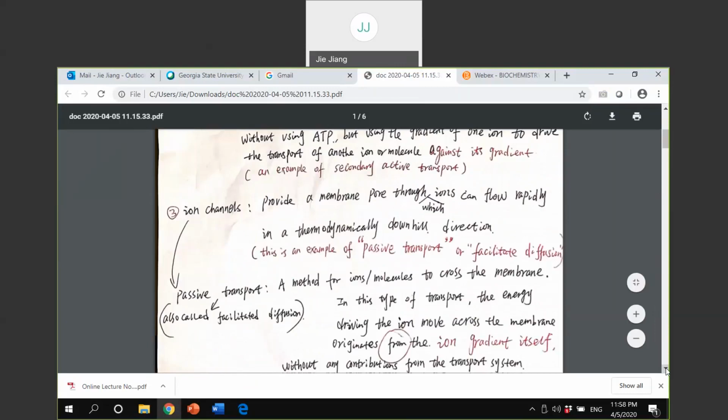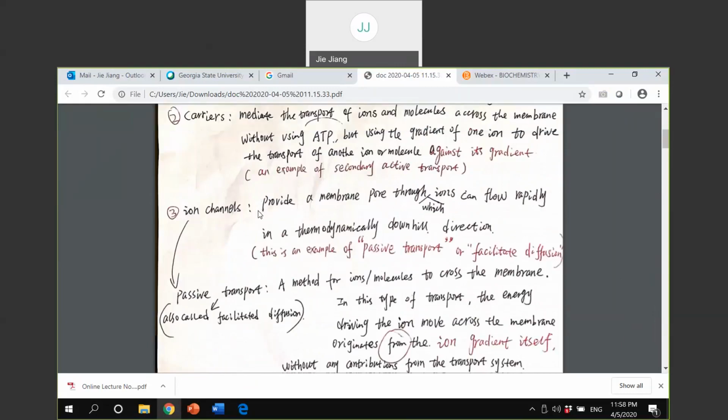So the third part is the ion channels. We talked about pumps, we talked about carriers, and now we talk about ion channels. The ion channels provide a membrane pore through which these ions can flow rapidly in a thermodynamically downhill direction.